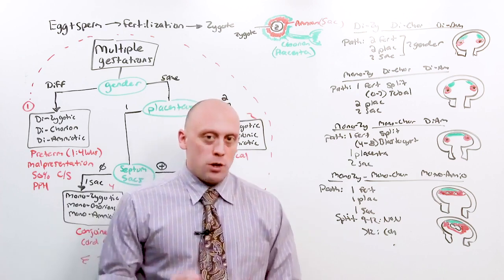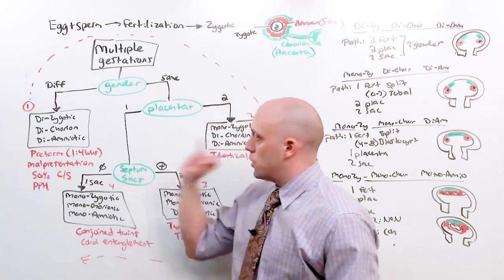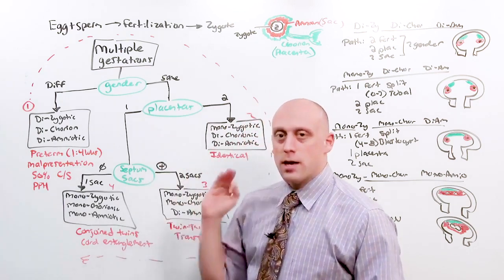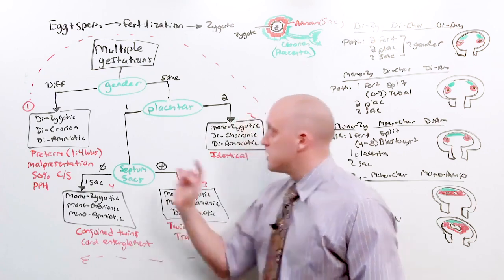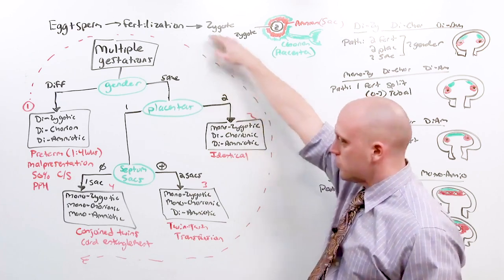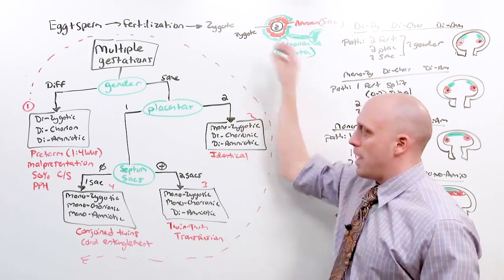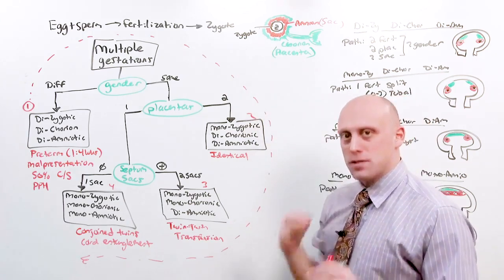So what I really want you to hone in on is this. Using the words zygotic, chorionic, and amniotic the right way. Zygotic means the number of fertilizations, the number of zygotes. Chorionic means the number of placentas, and amniotic means the number of sacs.